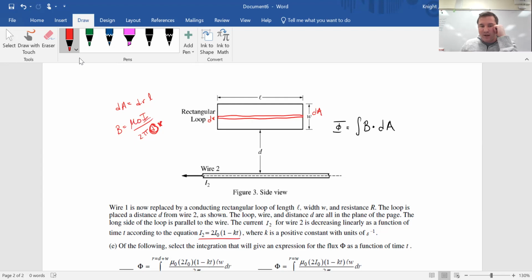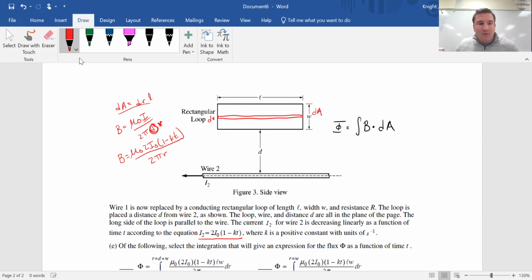It varies as 2 I naught times (1 minus KT). So we're actually going to have B equals mu naught times 2 I naught times (1 minus KT) over 2 pi R.